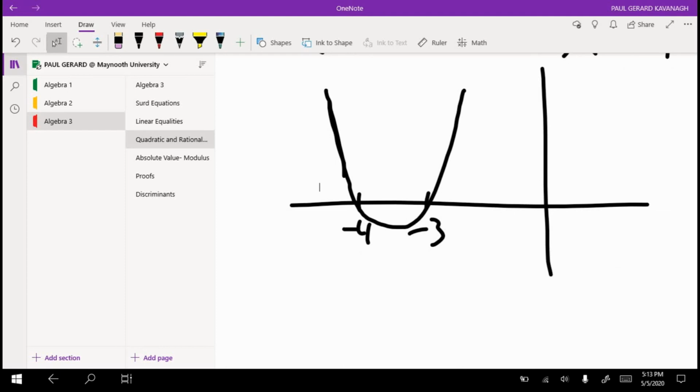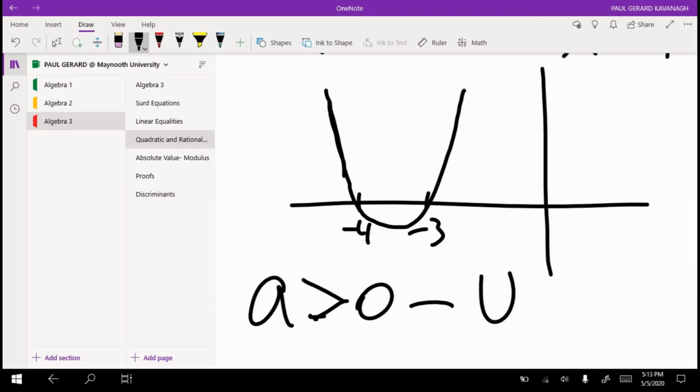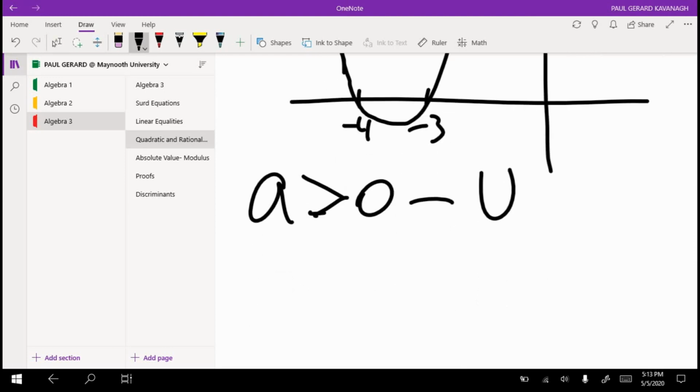A is greater than 0 is when you have a U shape. A would represent the equation. And then you have A less than 0, and it's going to be an n.